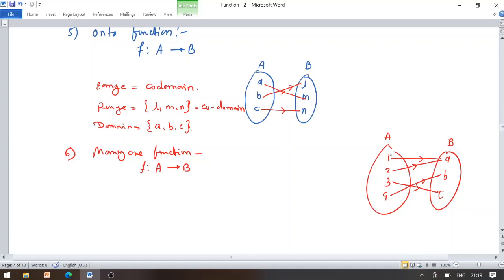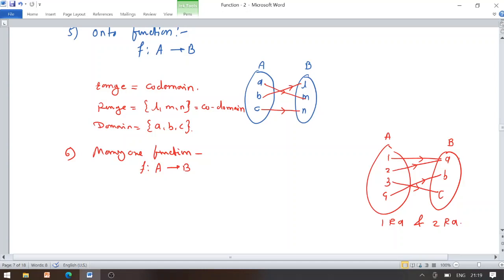So here two elements have exactly the same image. That means 1 is related to A as well as 2 is also related to A. So two elements, 1 and 2, from set A have the same image A in set B. Such a type of function is said to be a many-one function.